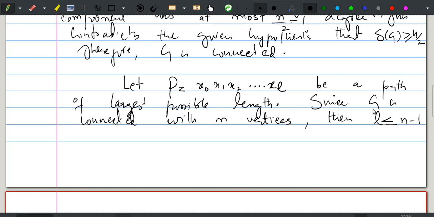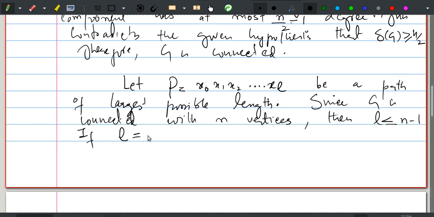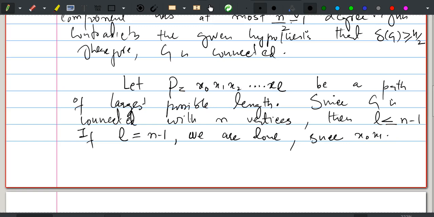So if L is equal to n minus 1, we are done, since x0, x1 through xl, x0 will be our required Hamiltonian cycle.